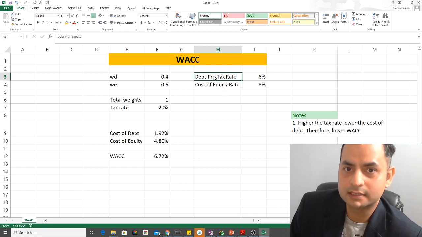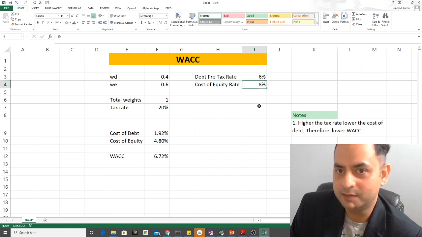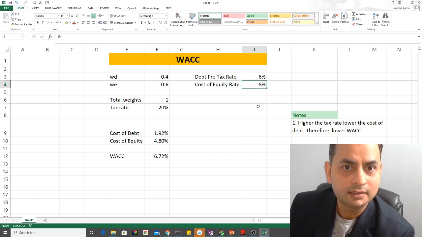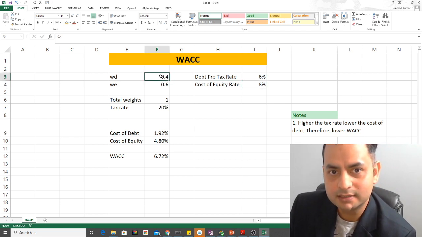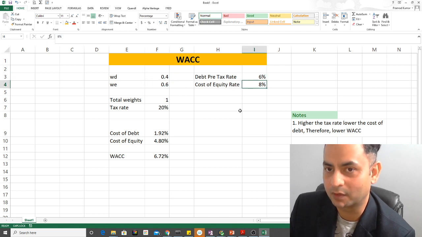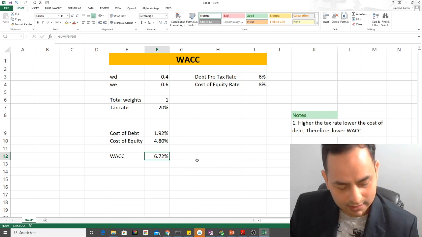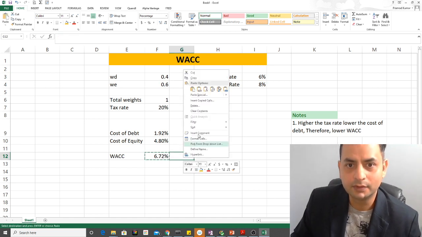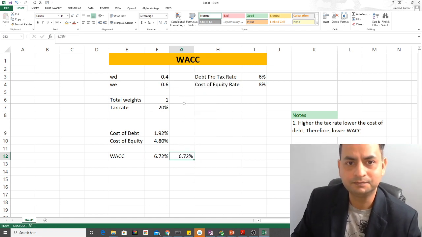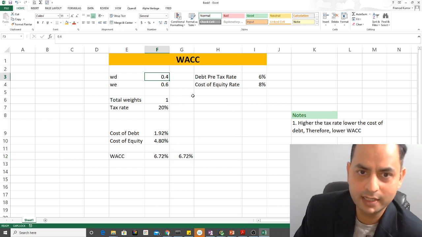Right now, our cost is 6% for the debt and 8% for the equity, and the company is taking 40% weight for the debt. So basically 40% of capital is coming from here and 60% from here, and this is our total cost. I'll save this and show you one more example scenario, which is very key.